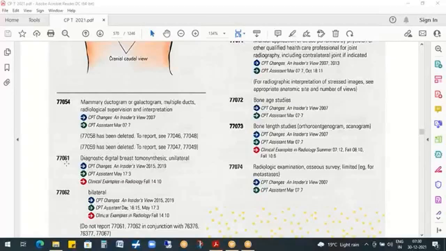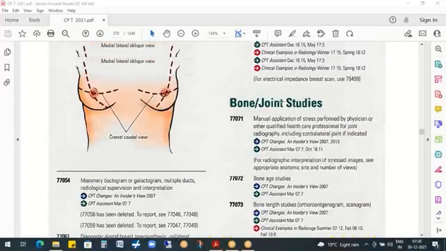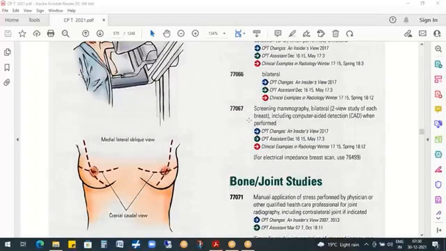Without techniques, we can't find out as a coder. The technique name they will clearly document. Tomosynthesis is performed on the breast. Immediately you need to look at whether it was performed on one side or both sides, unilateral or bilateral. 061, 062. Can you see the code description 77067?